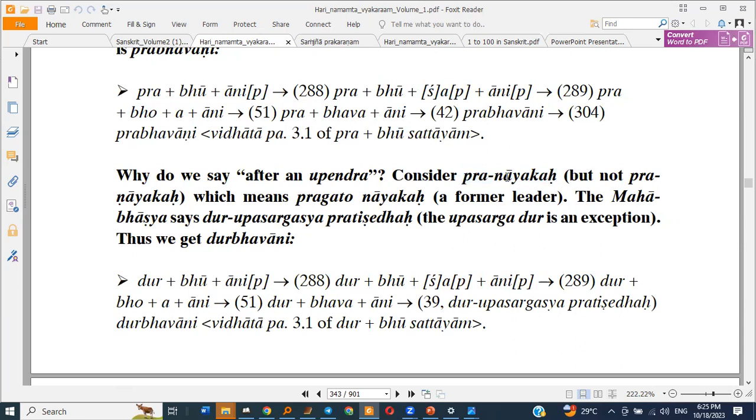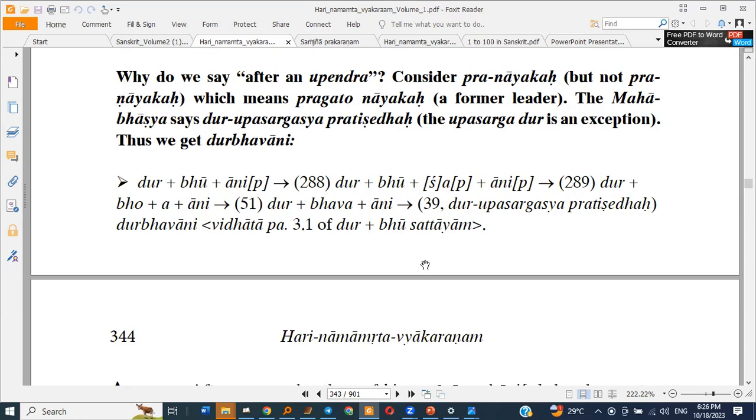Nayakaha is a noun. Upendra is done before a dhatu only, right? That prefix is considered an Upendra and Natva is done only when a dhatu is following. This Nayaka is not a dhatu. That's why this is Pranayaka and so on.